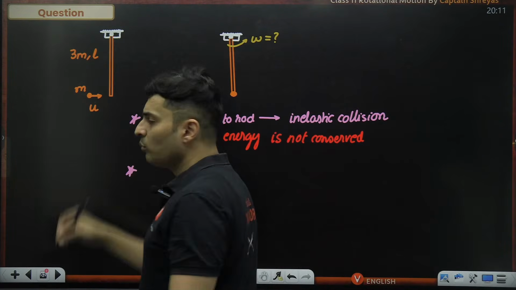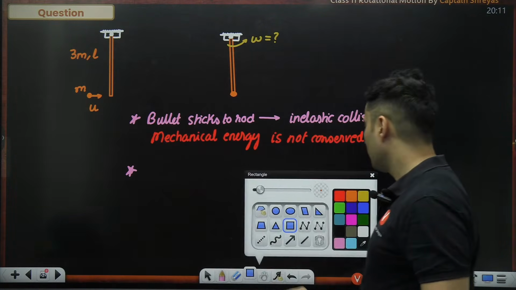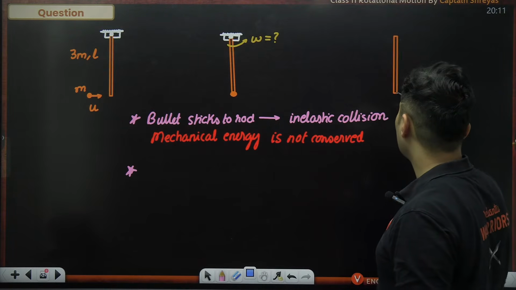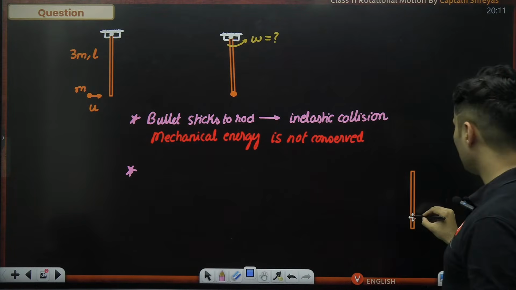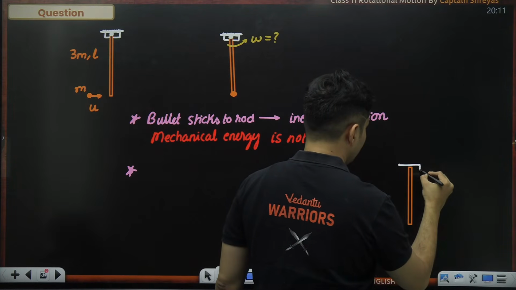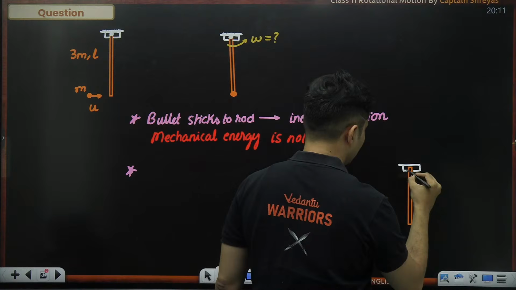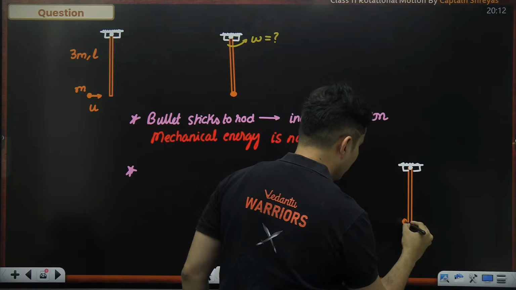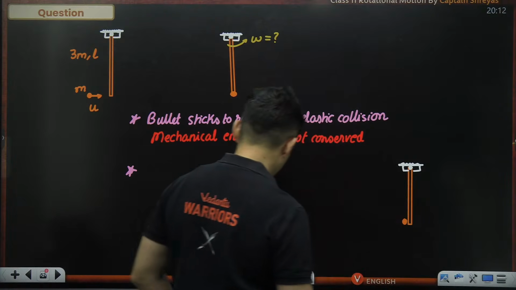Imagine when this bullet hits that particular rod, and that bullet is very close to the rod over here. So let me show that situation. When that bullet is just touching that particular rod, it is coming.